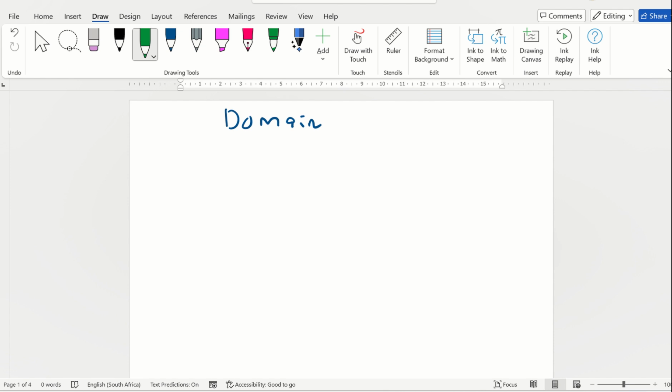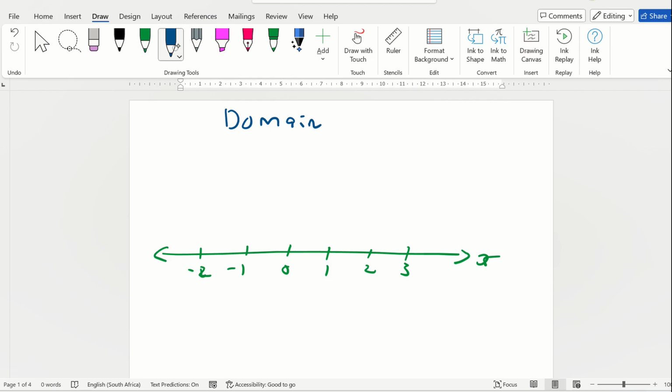I'm going to use an example to explain this. I'm just going to draw the x-axis only. 0, 1, 2, 3, minus 1, minus 2, and so on. Now, consider this point here.